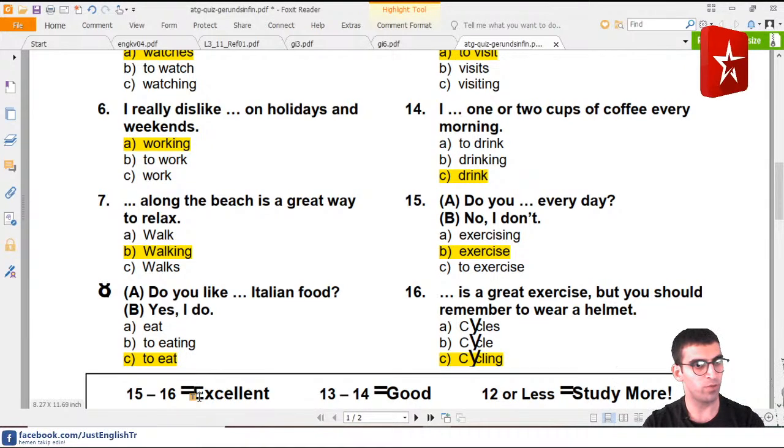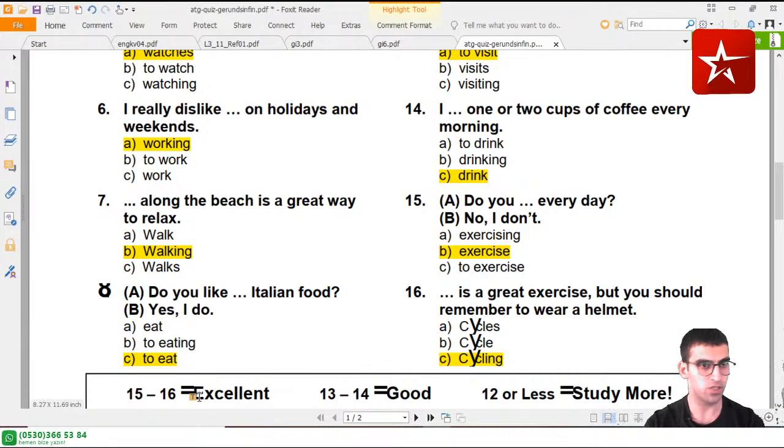Then we will go on break. And we will have a cup of coffee or tea. And in 15 minutes, we will be back here again. So before leaving, I'm going to ask you how many correct answers you had. Faruk Savaş says 15 correct answers.